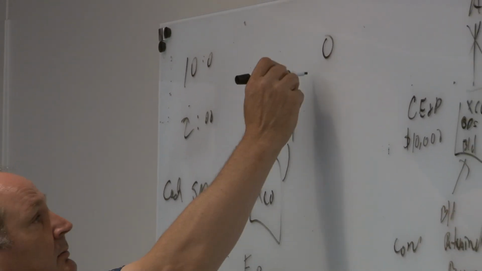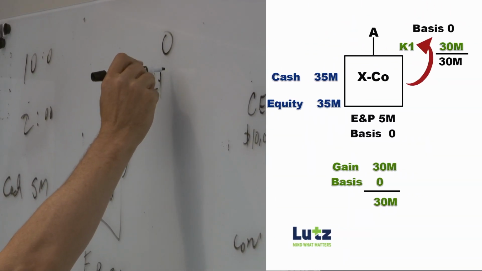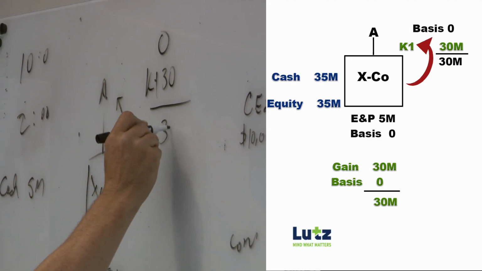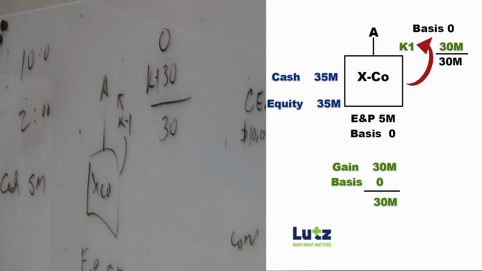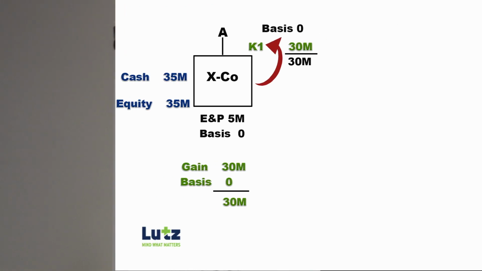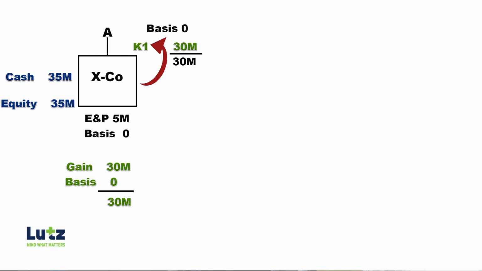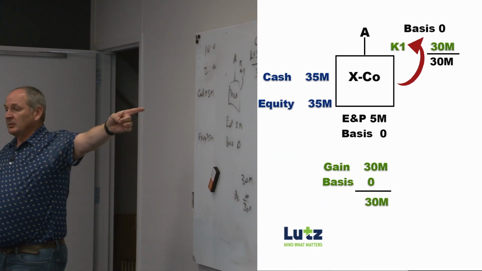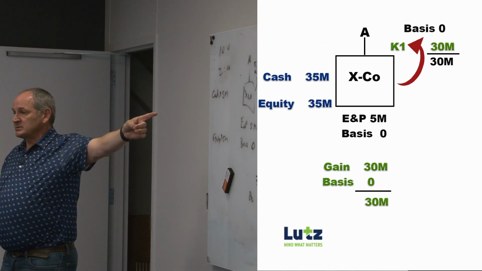So now I have a K1 of 30 million. So now I have 30 million of basis. But my cash, my equity, are now 35 million and 35 million. How I can distribute under normal S Corp rules $30 million and not have it be a return of basis.